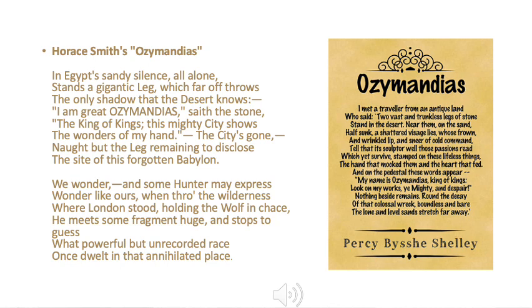Now, as we mentioned in the previous class, Shelley's sonnet Ozymandias was a poem that he wrote as part of a friendly competition that he engaged in with his friend Horace Smith, when they were probably discussing Egyptian culture.